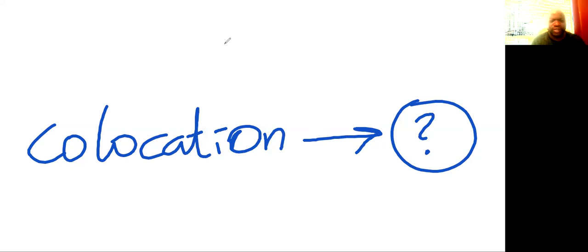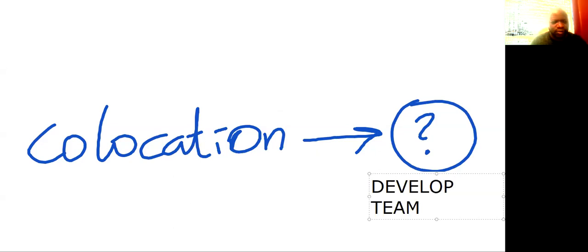So this is a tool and technique used in the develop team process. Okay, that's colocation. All right, just 3 more and we'll be done for the day.